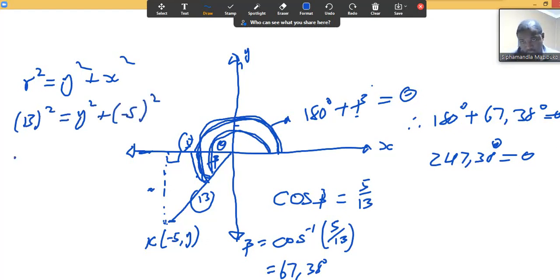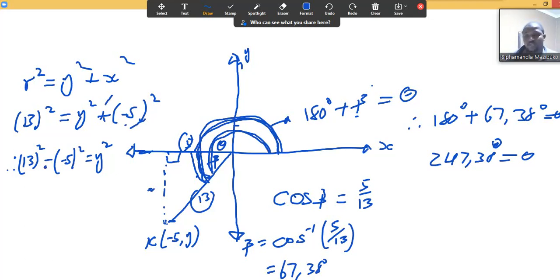Therefore 13 squared minus minus 5 squared is equal to y squared, because we're taking this term to the other side, that's why it becomes negative.